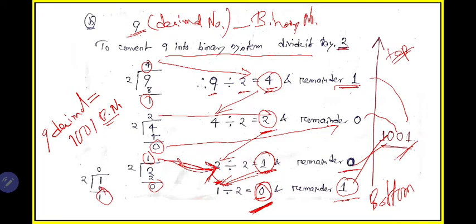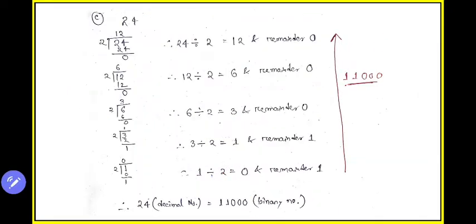Let us perform some more examples. So this is question number C, which says convert this 24. So far we have converted single digit numbers like 7 and 9. Now we are converting 24, a two digit number, and the rule will be the same.